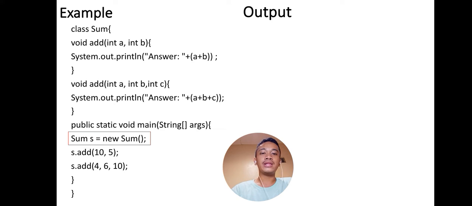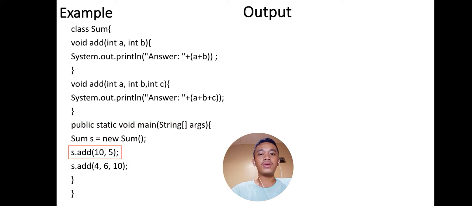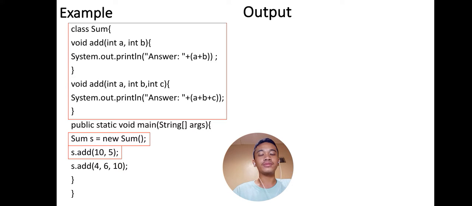So it will read the object creation or instantiation of sum s equals new sum. So this object creation will trigger the class sum when called. So next it will read the s.add with the two parameter values of 10 and 5. So it will call the sum s equals new sum and will trigger the class sum.